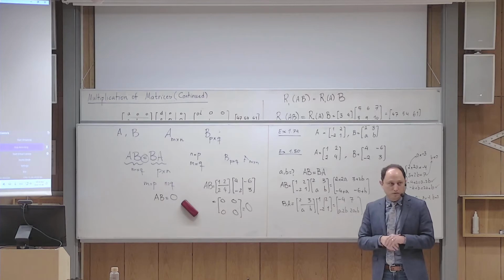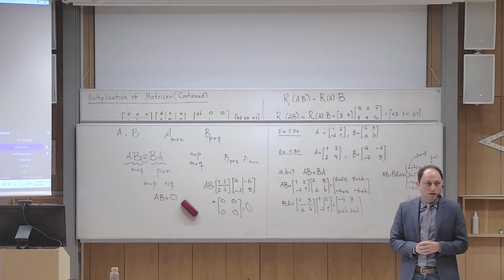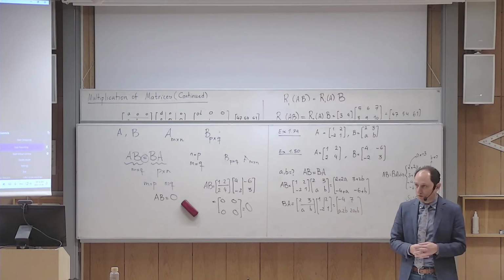What is the message of this example, which will be the content of the next remark in the lecture notes? Yes? Maybe the product of two non-zero matrices can be equal to 0. Can you compare it with something like that in numbers? In regular numbers, one of the numbers needs to be equal to 0. And that is called the zero product rule.